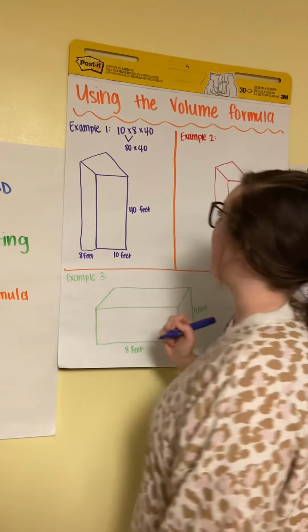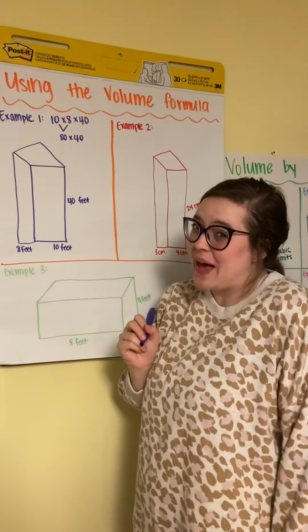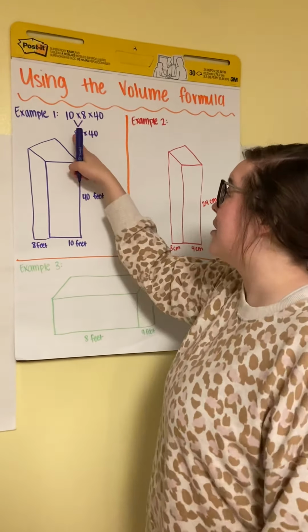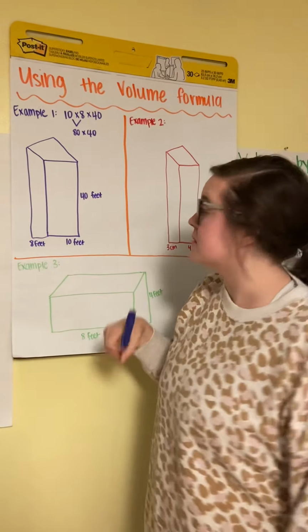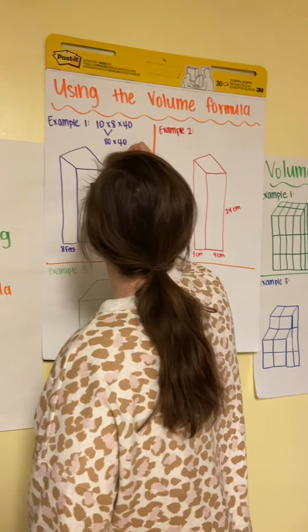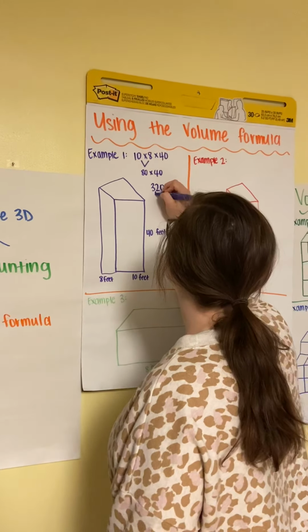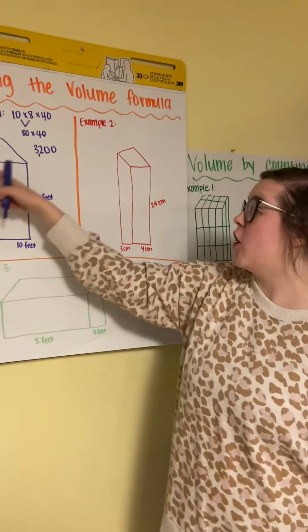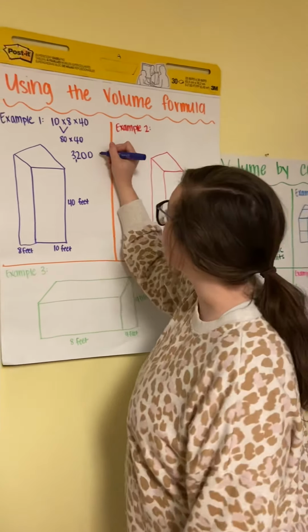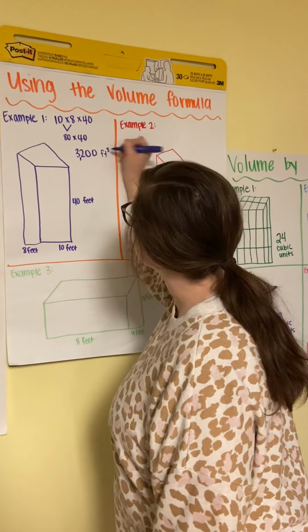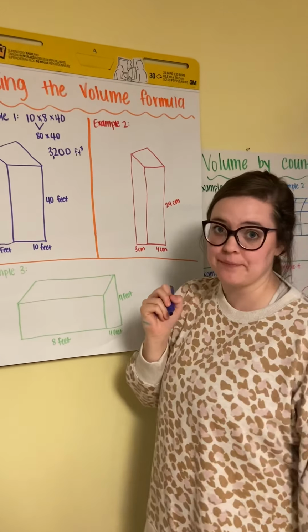Then I'm going to multiply by 40. I can actually do that pretty quickly too because I know that 8 times 4 is 32. Then I can just add my 2 zeros. And so I figure out that the volume of this figure is 3,200 feet cubed, or cubic feet, either way.